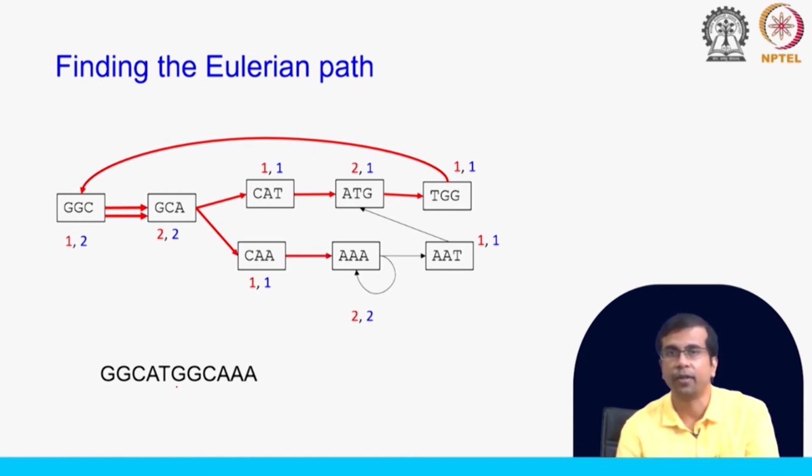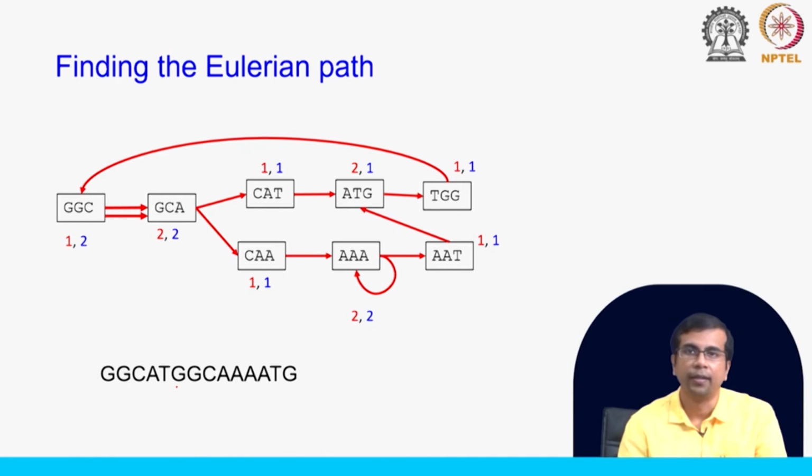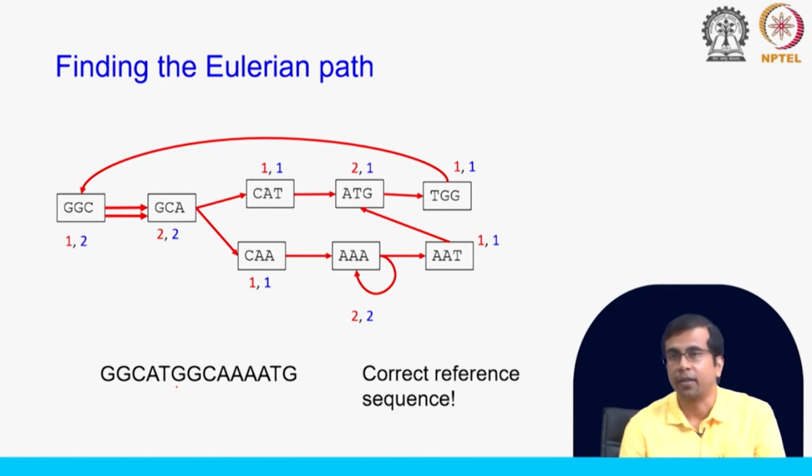This is very important here. We need to remember this. And here we traverse through the self edge, and then finally we have traversed through all the edges. And this is the reference sequence that we have got. This actually turns out to be the correct reference sequence.